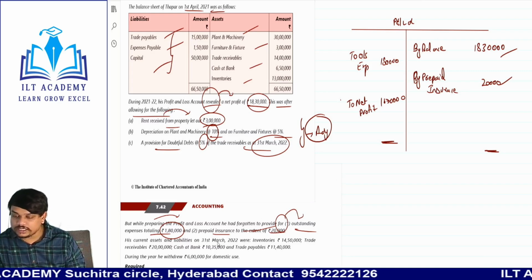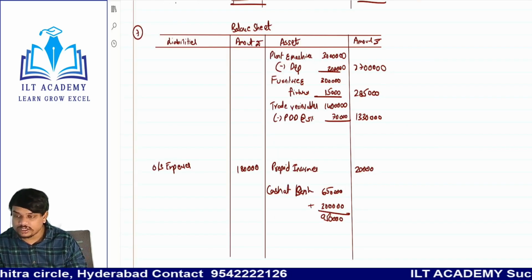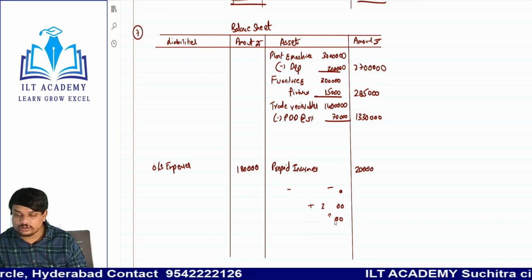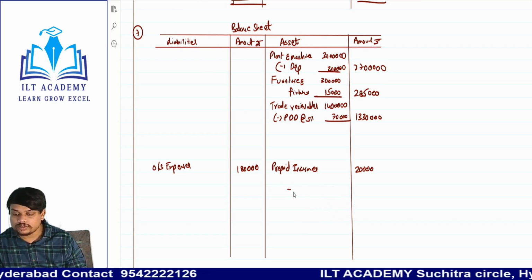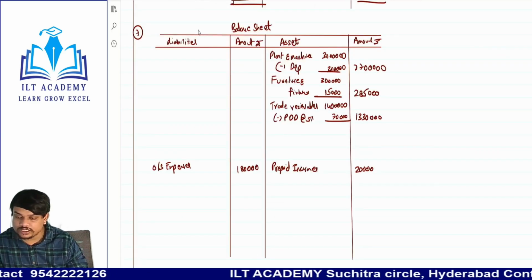His current assets and liabilities were as follows. Okay, cash and bank balance is already given 10,35,000. So no need to do this. Let us understand. Current assets and liabilities were inventories 14,50,000.